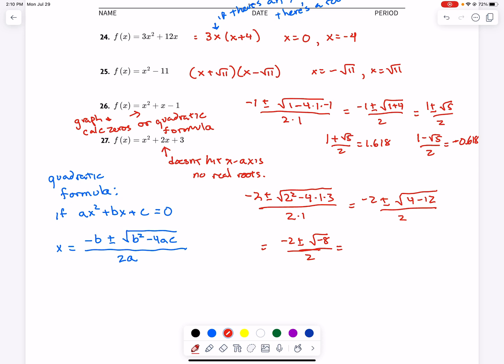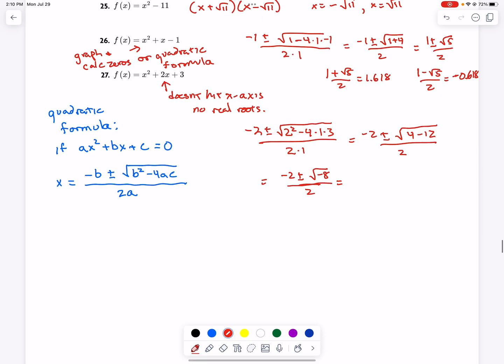The square root of negative 8, so I'm going to factor out square root of negative 1 and the perfect square. And I'm going to rewrite it as 2i root 2, or i times 2 root 2.